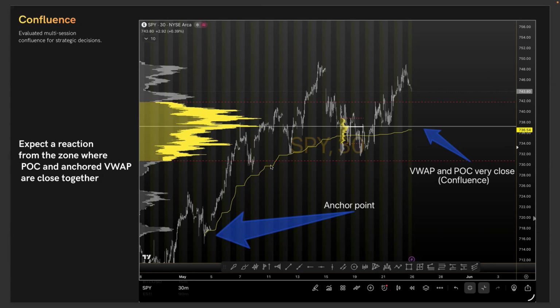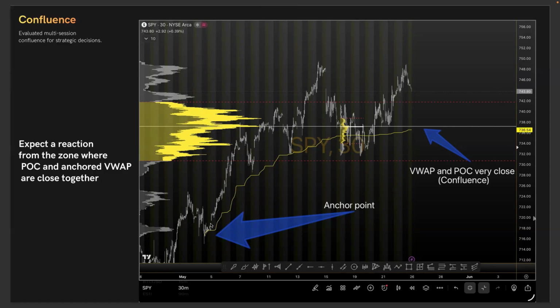If you anchor the VWAP and the volume profile, you can see that the point of control and the VWAP are at a similar zone, around 736, 737. So I said here, expect a reaction from the zone where POC and anchored VWAP are close together. I marked the zone on the chart, and I'm curious to see what will happen. This is something that still hasn't played out, so I will be monitoring it to see what will actually happen.